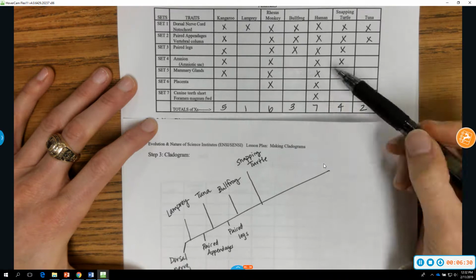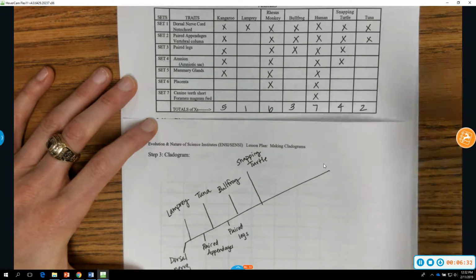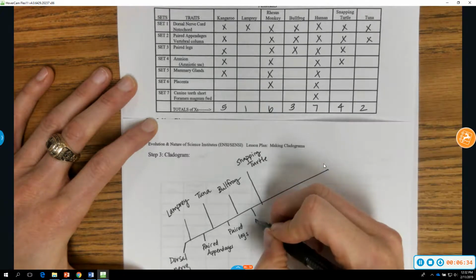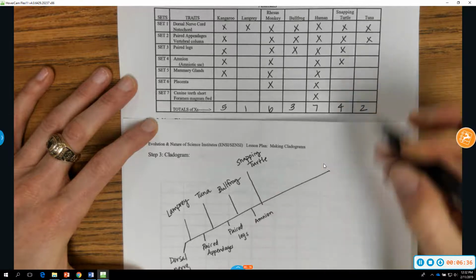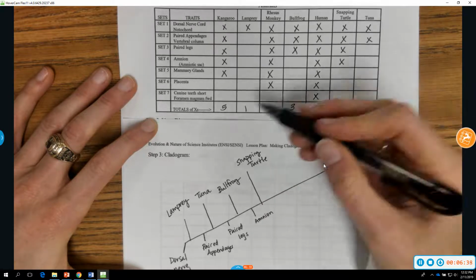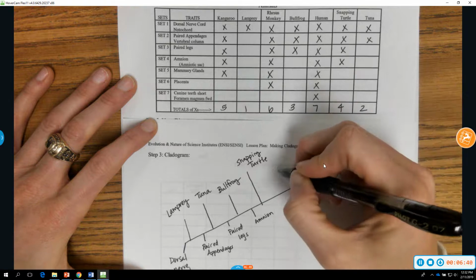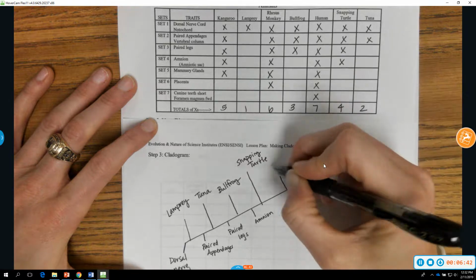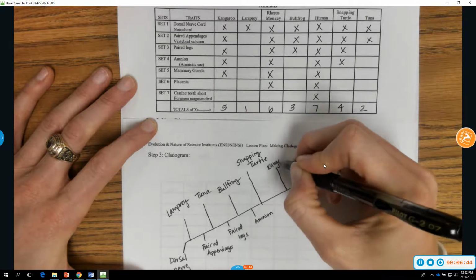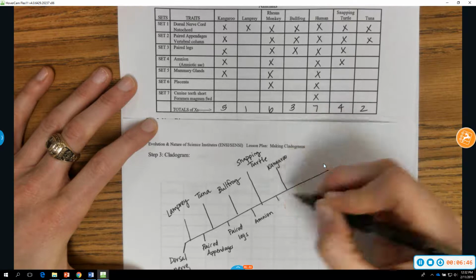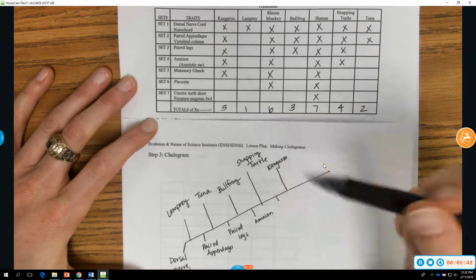The trait that we're adding for the snapping turtle is the amnion. The next one is going to be the kangaroo. The trait that it has is going to be the mammary glands.